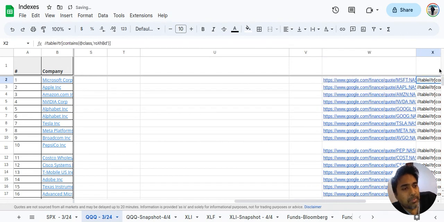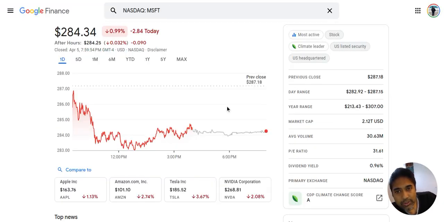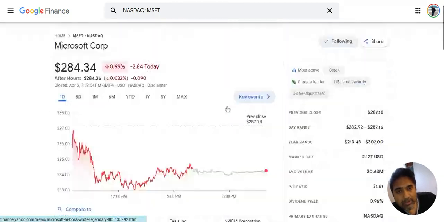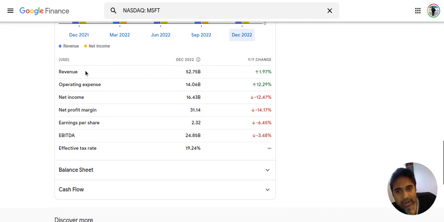And then the other part is that you also are searching. If you click on this, it's going to take you to the Apple stock, right? Or Microsoft stock. In QQQ, the number one is actually Microsoft. So it goes there, and then you look at this revenue, right?